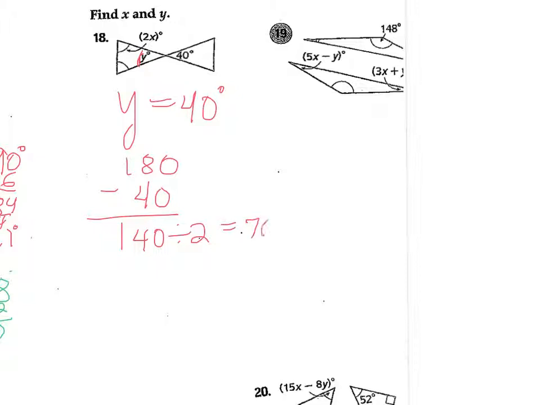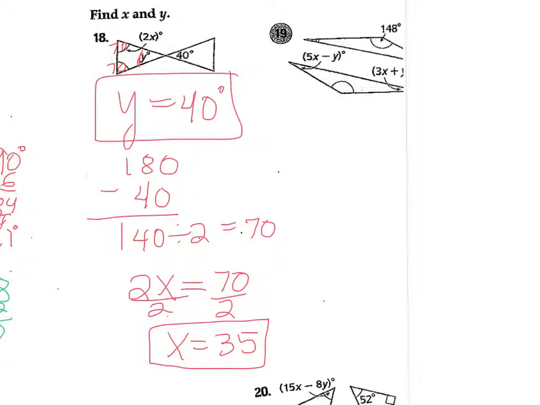So each one of those two angles is 70. We have to find the x, so you have to divide it by 2. That angle is 2x. So x is equal to 35.